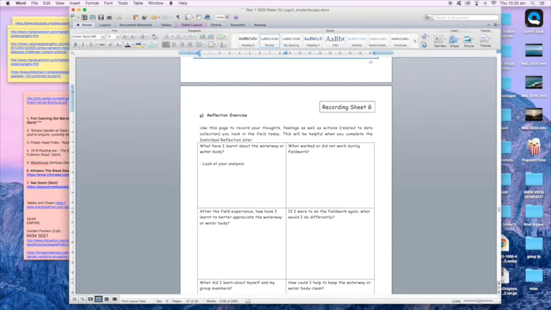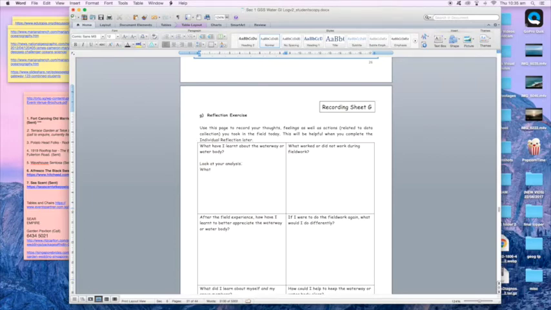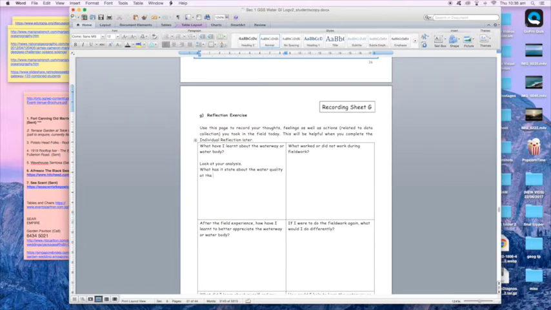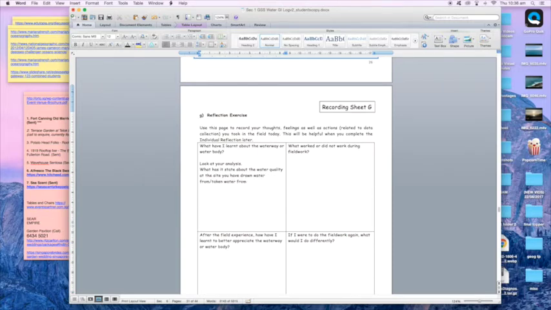What has it said about the water quality at the site you have drawn water from, taken water from. Okay? This is some points to help guide you how to write the reflection. Alright? Next.